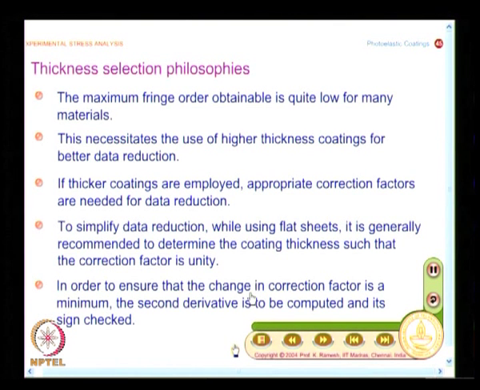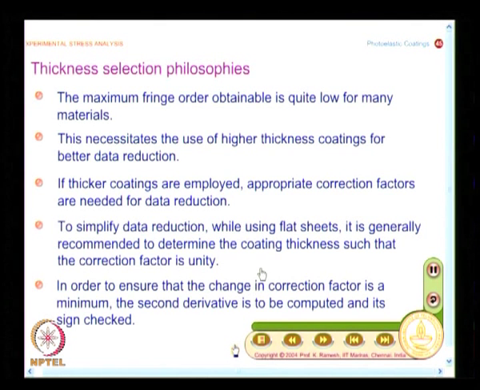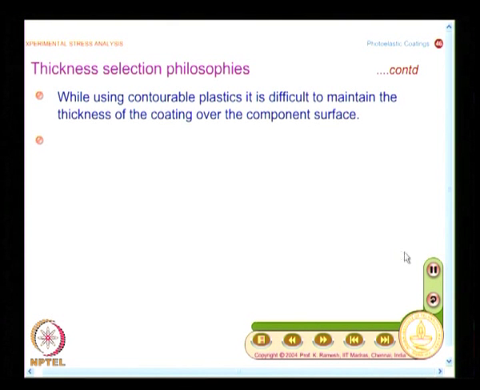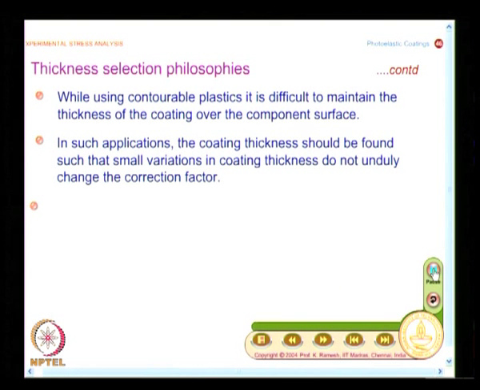You will not be in a position to maintain the thickness uniformly. So, there you would like to have a correction factor not to change drastically because of small variation in thicknesses. And that is what is summarized here.